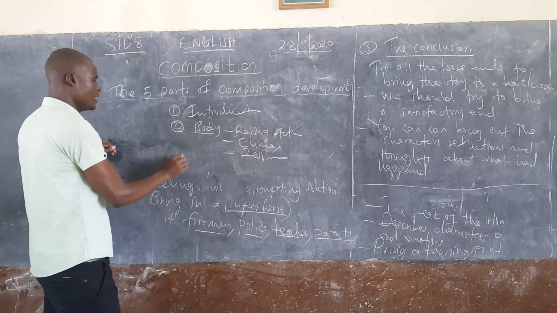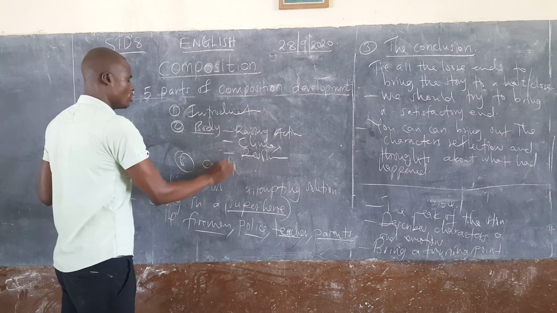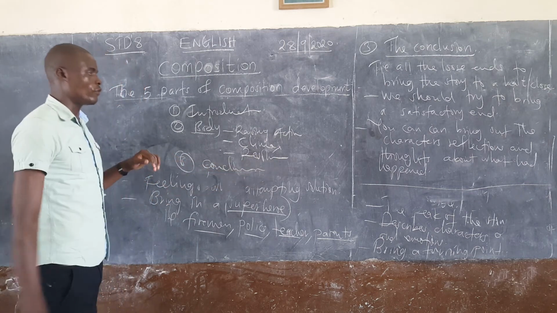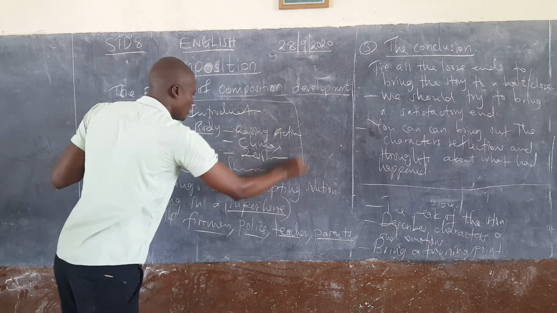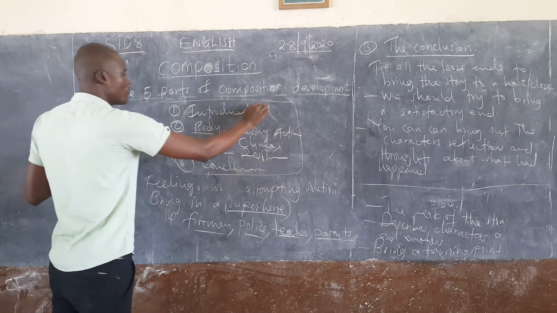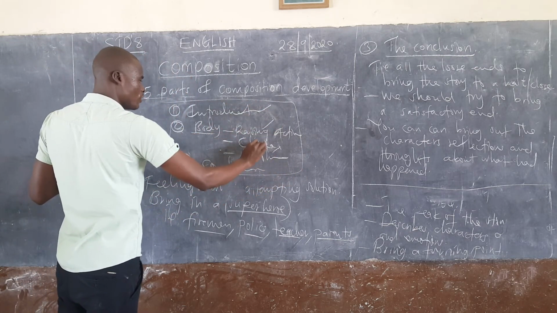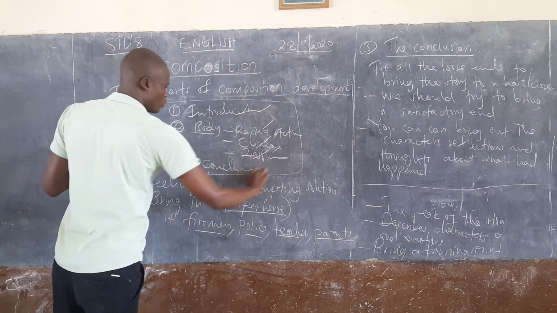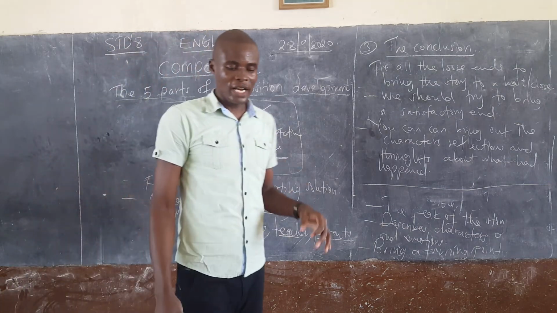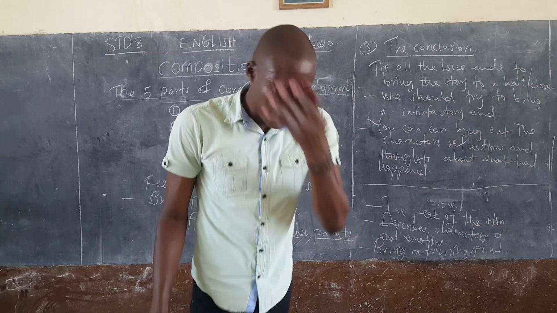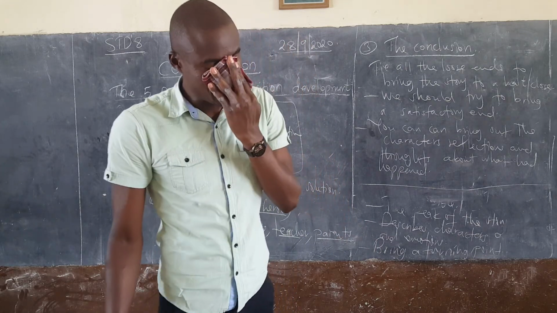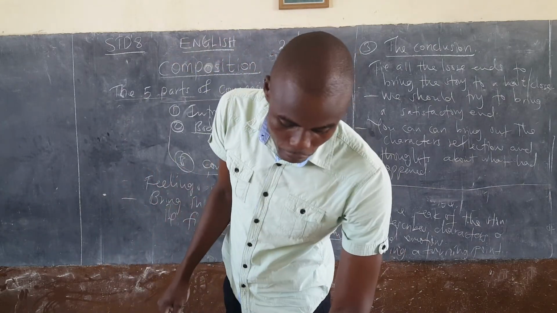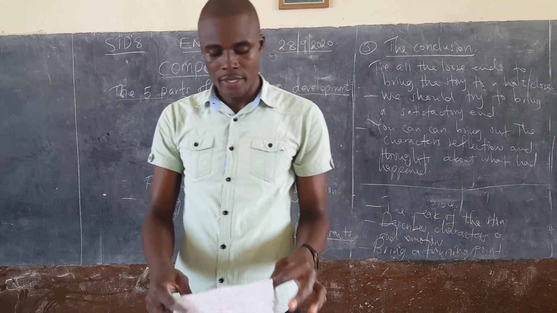Then finally number five is the conclusion. You can count them: 1, 2, 3, 4, and the conclusion number 5. So when you follow that, you'll write a very, very beautiful composition for me to mark today.